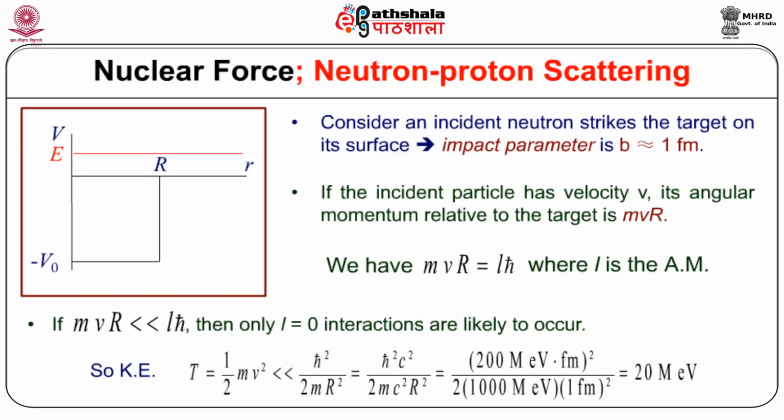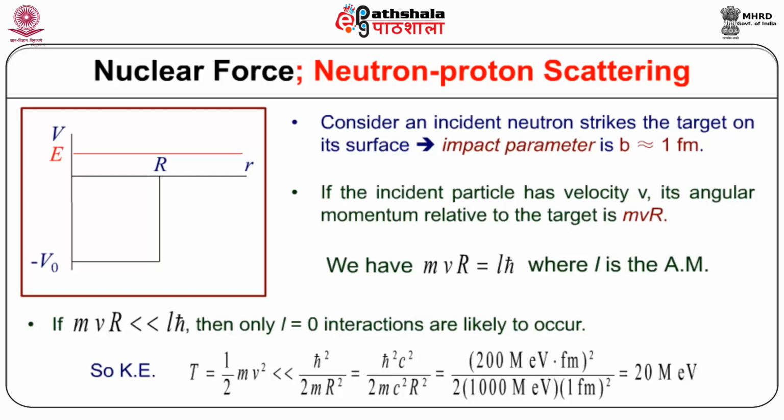Impact parameter is the distance between the line of application of the nuclear beam and a line parallel to it passing through the center of the nucleus.